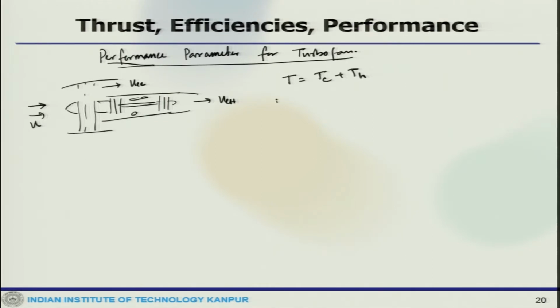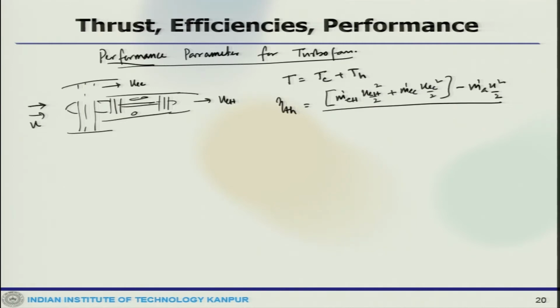So, here the thermal efficiency could be like m dot E h into U E h square by 2 plus m dot E c square by 2 minus U square by 2, where m dot A is m dot A c plus m dot A h, and we have m dot E h equals to m dot A h plus m dot A f, and m dot A c is m dot E c.